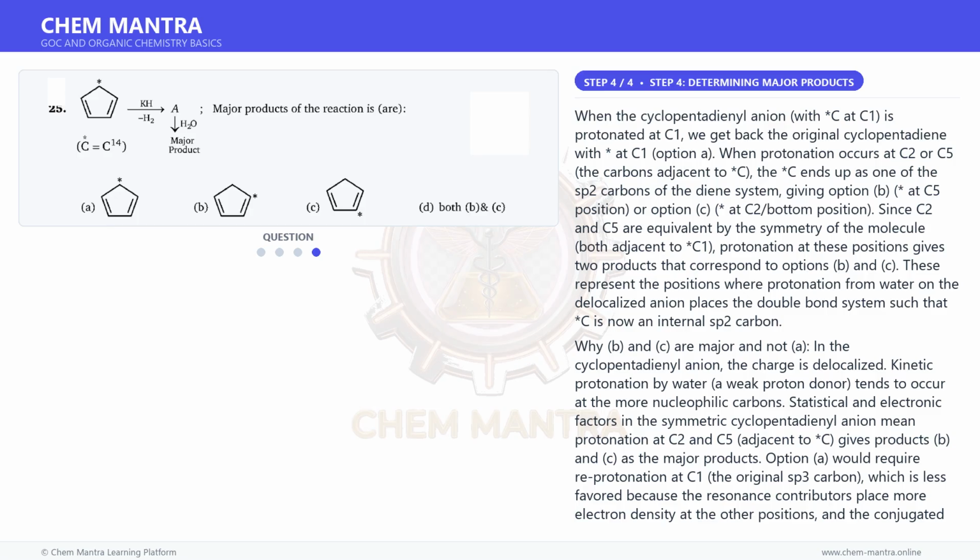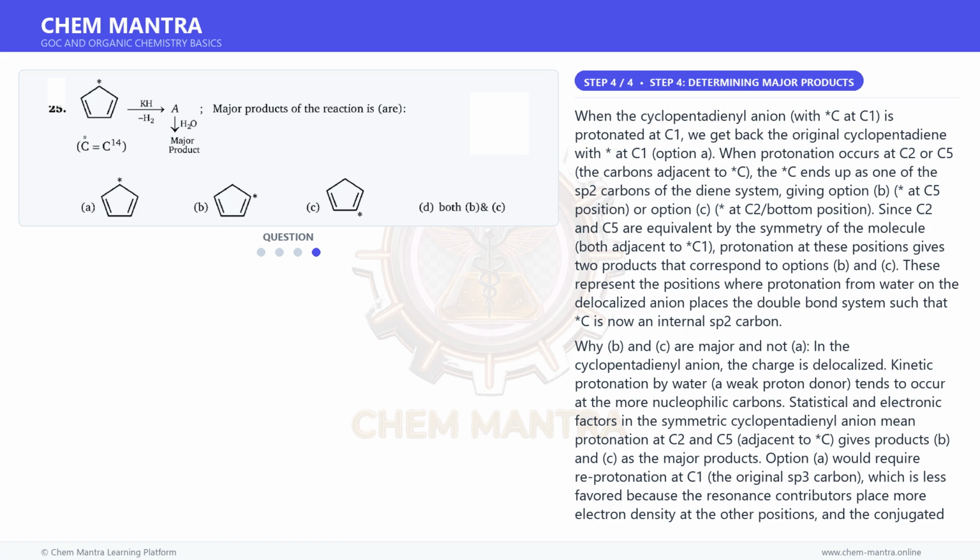And for the final step, when the cyclopentadienyl anion with asterisk C at C1 is protonated at C1, we get back the original cyclopentadiene with asterisk at C1, option A. When protonation occurs at C2 or C5, the carbons adjacent to asterisk C, the asterisk C ends up as one of the sp2 carbons of the diene system, giving option B, asterisk at C5 position, or option C, asterisk at C2 bottom position.